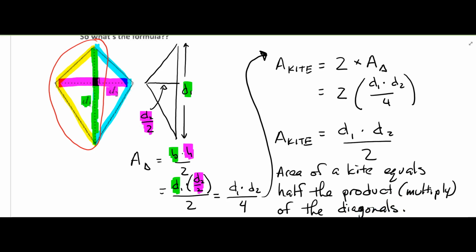Okay? So area of a kite equals half the product of the diagonals. So you multiply the two diagonals. Remember, make sure you multiply. Multiply the two diagonals, divide by 2, and that will give you the area of the kite.